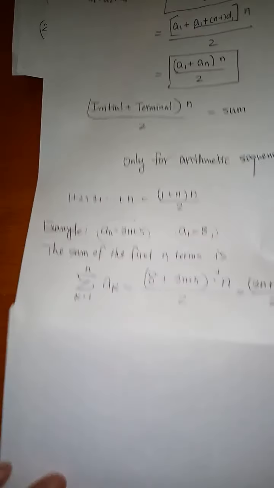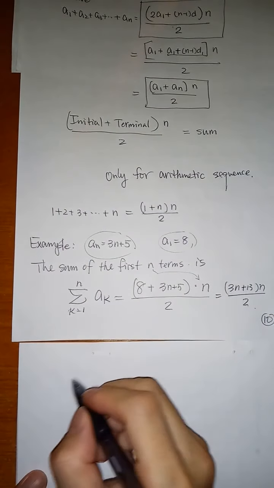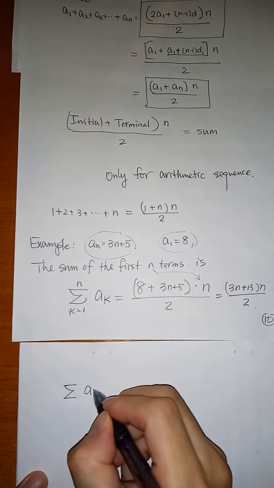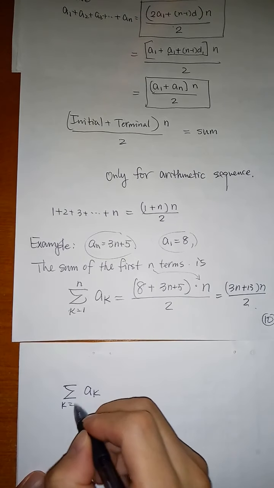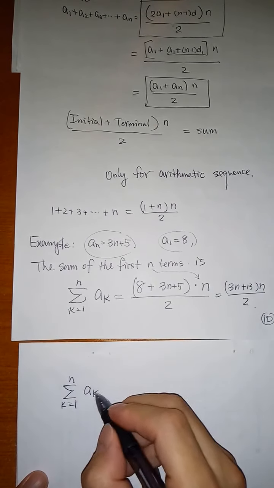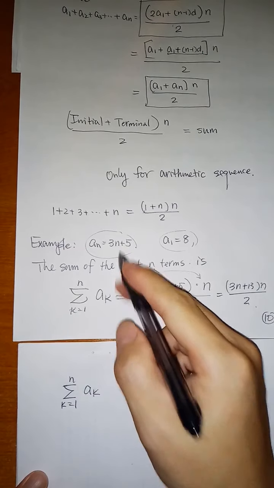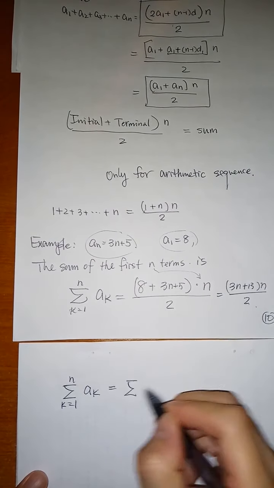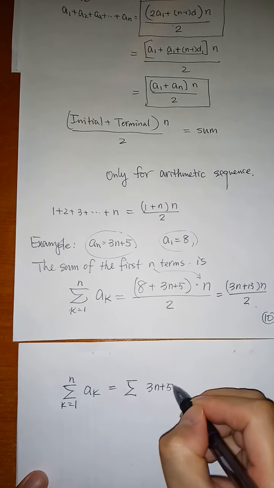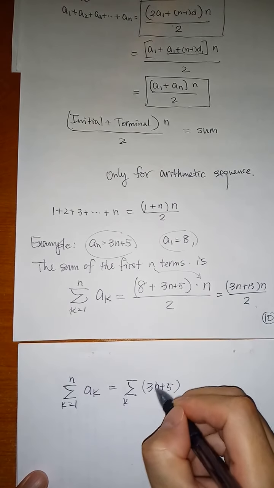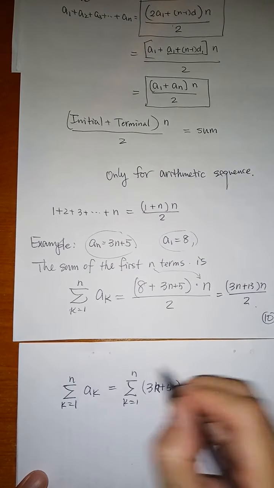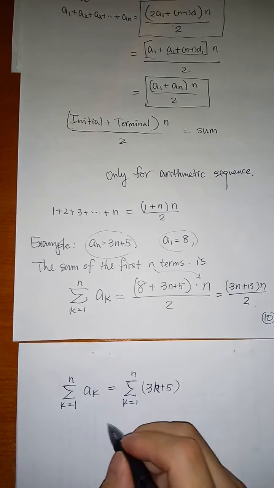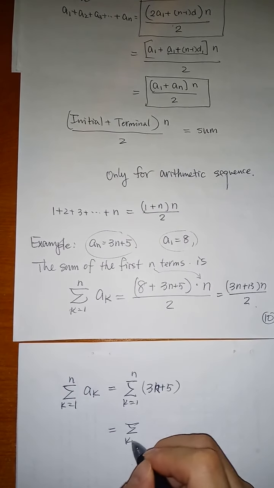Let's see. We try to add the first n integers. So it's 3k plus 5, k from 1 to n. Remember, sigma can be distributed into the sum.